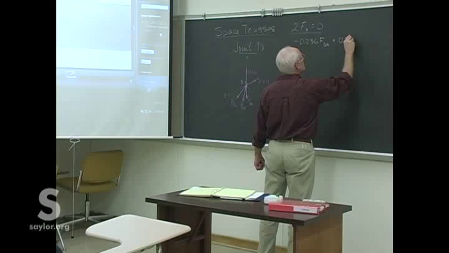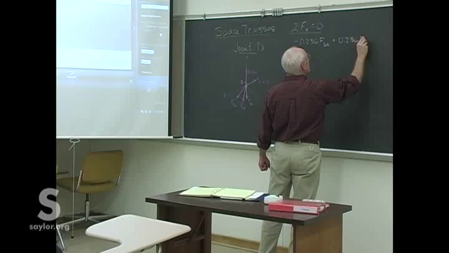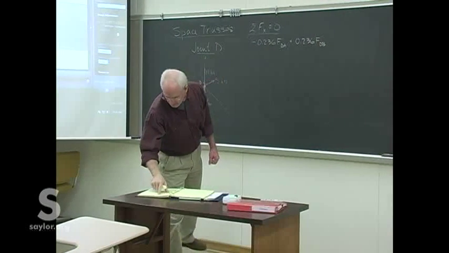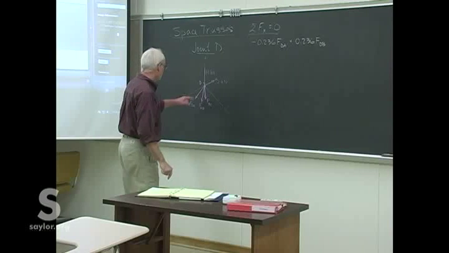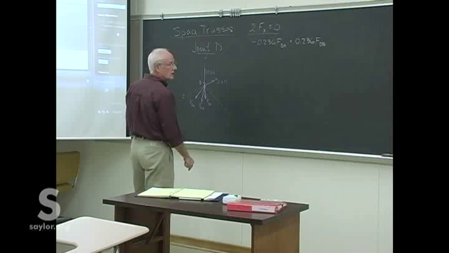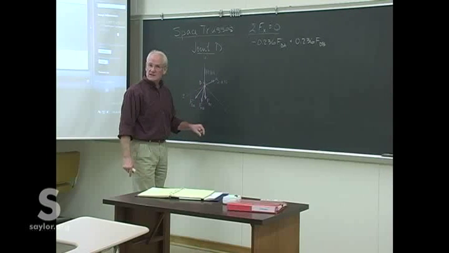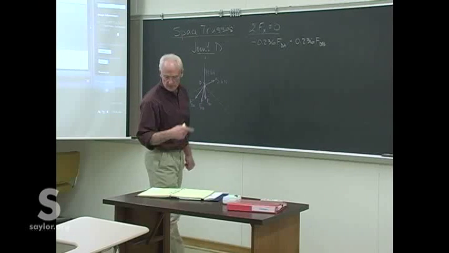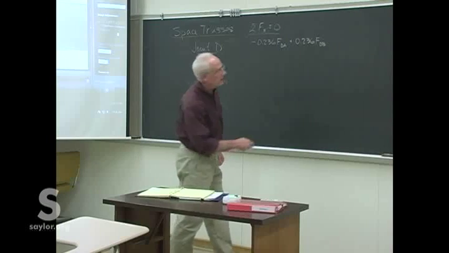Plus 0.236 FdB. FdB also comes all the way down to 6 meters, but it comes out a little bit in the X direction. Remember, these are only the X components we're doing here.